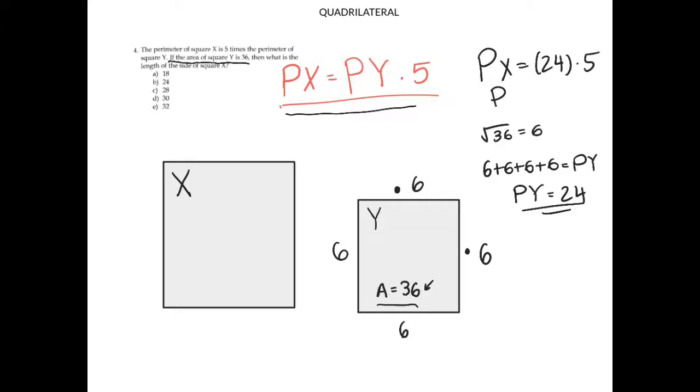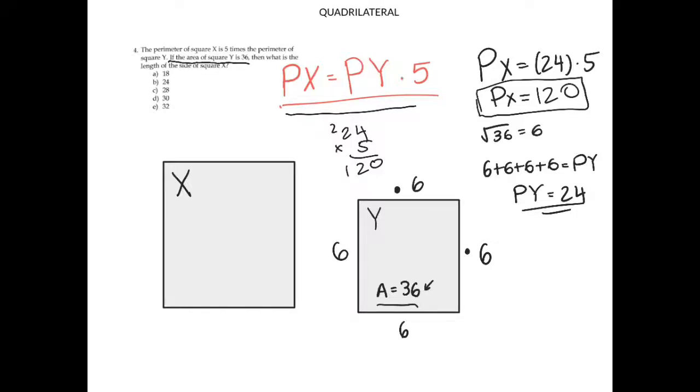Now Px is equal to 24 times 5. 4 times 5 is 20. 5 times 2 is 10, plus 2 is 12. So Px is equal to 120.